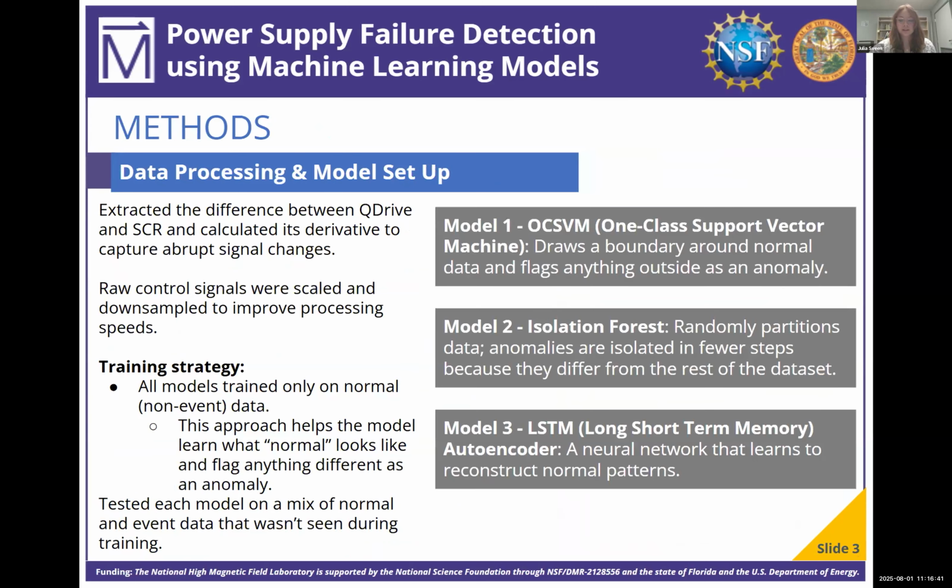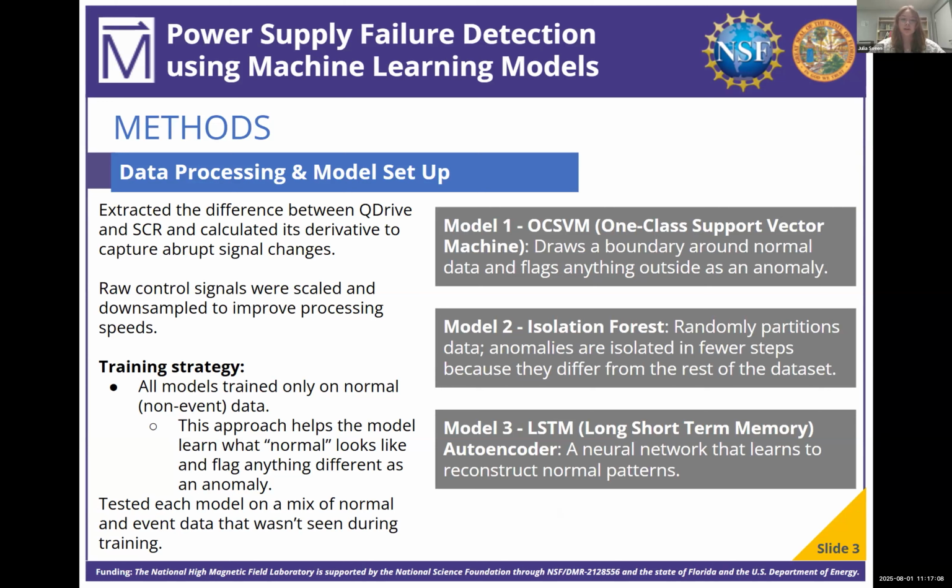For our methods, we tested three different models using only normal data for training, so that anything flagged as different would be considered anomalous data. Our first type of model was a one-class support vector machine, or OCSVM. It draws a boundary around normal data and therefore flags anything outside as anomalous.